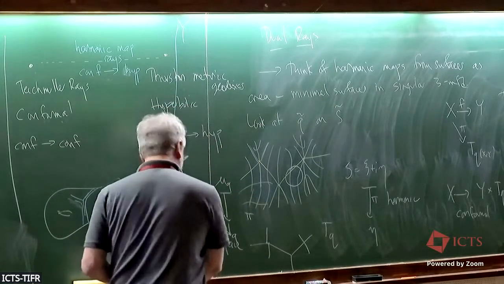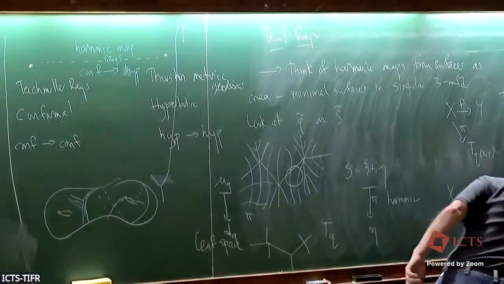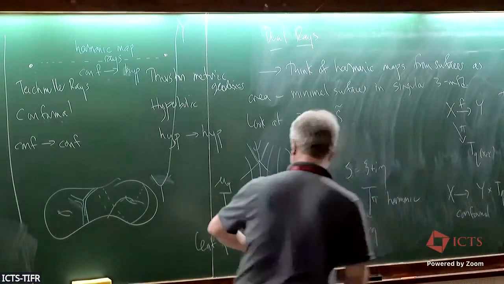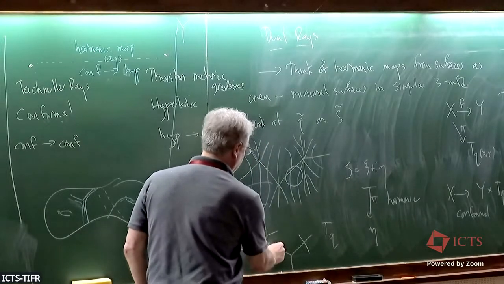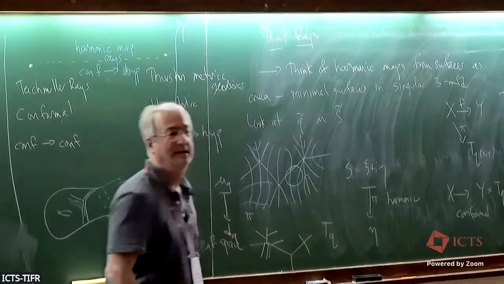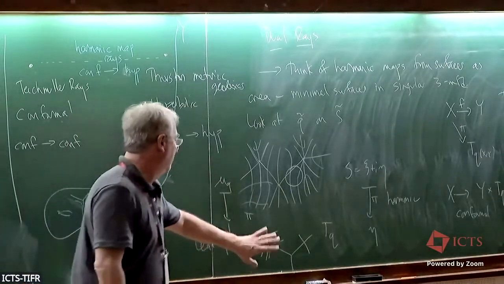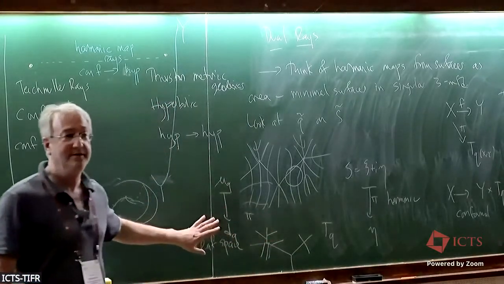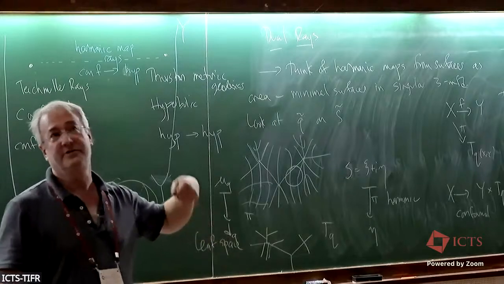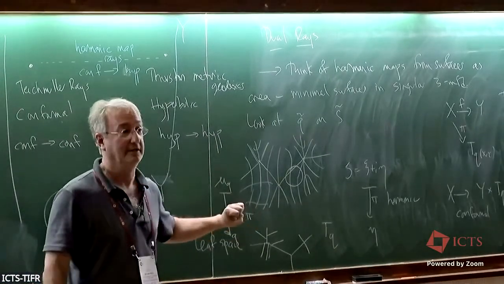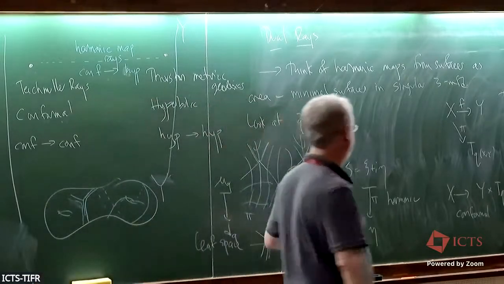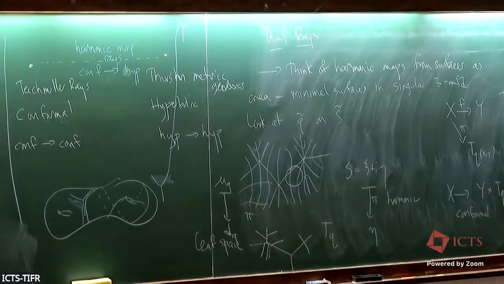I'm doing yellow. And that's true everywhere. So typically the vertices are dense, and if they're not dense, they're going to be infinite valence. So it's a very furry tree.